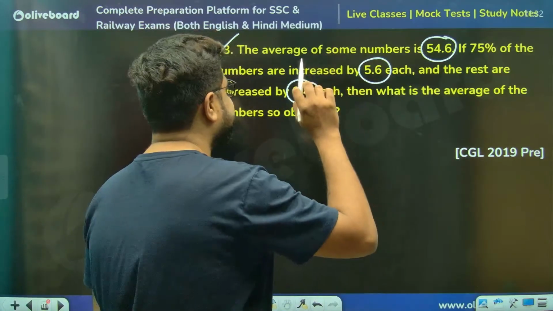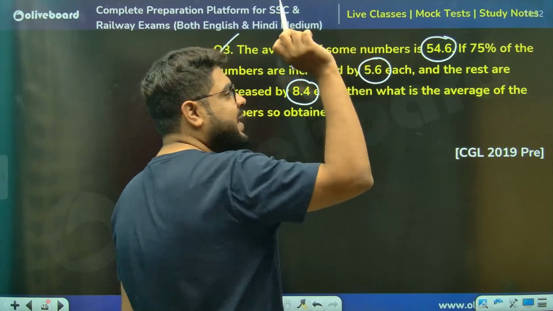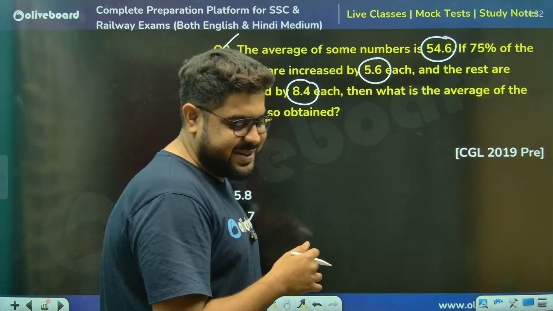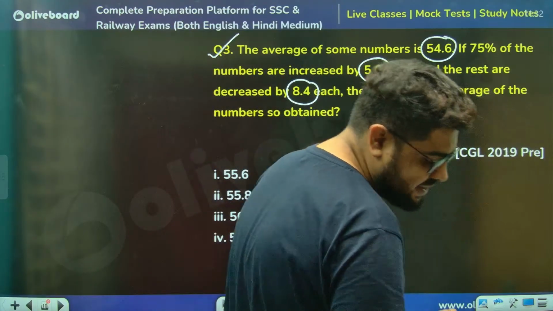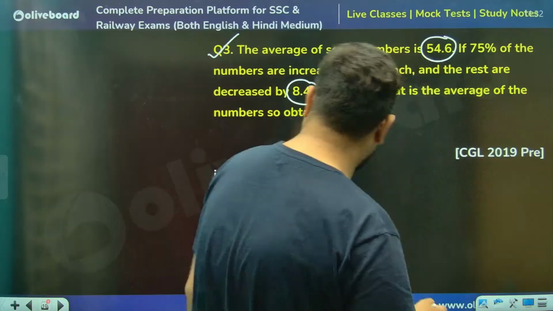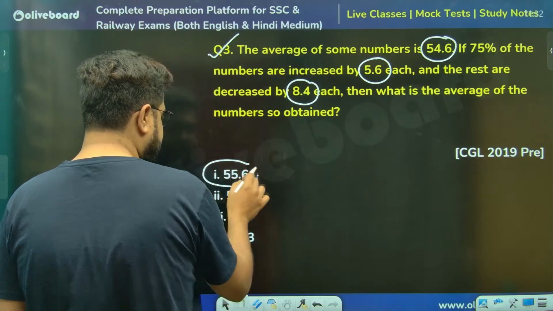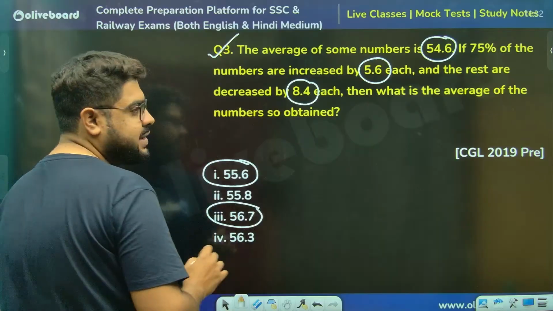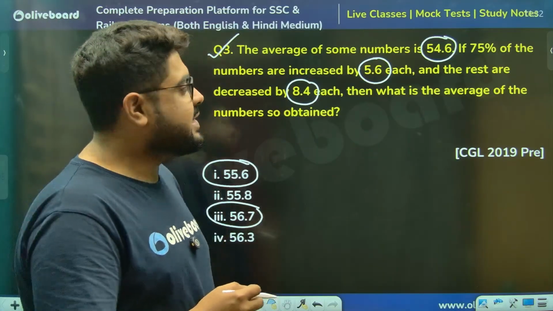First things first, some numbers, number n. So I am in charge of n. Dinesh has also given us an answer. Dinesh is saying 55.6, option 1. Reena is saying option number 3. Let's see. So two different answers.